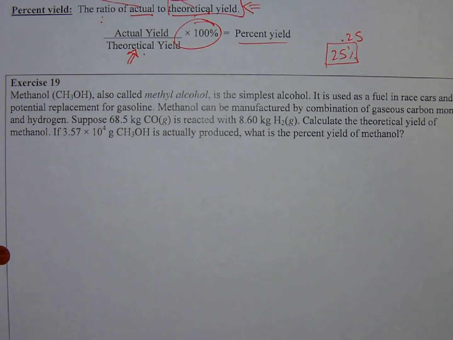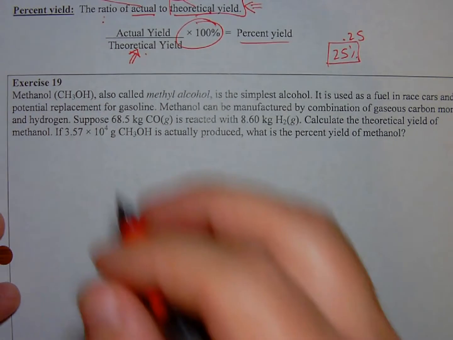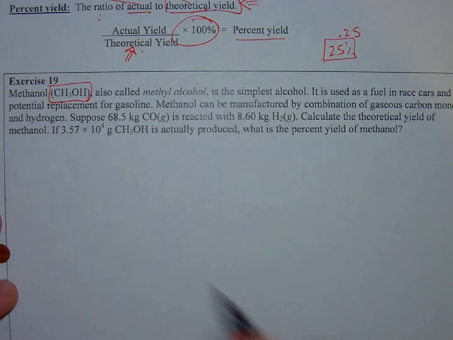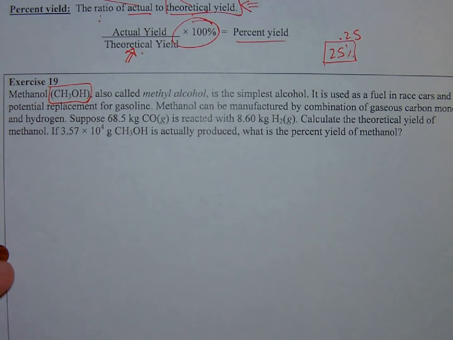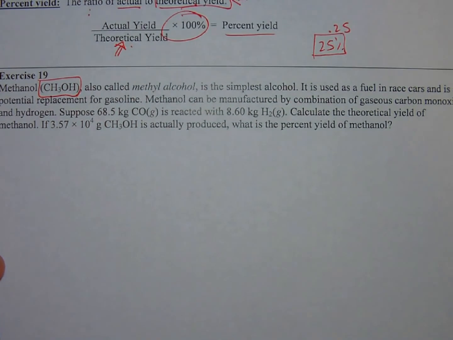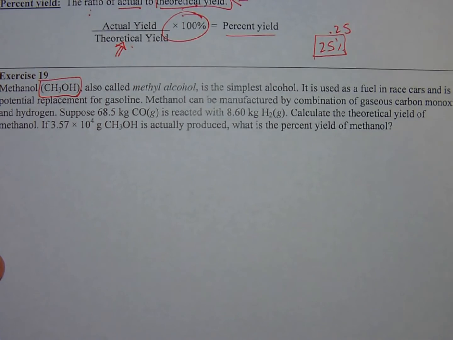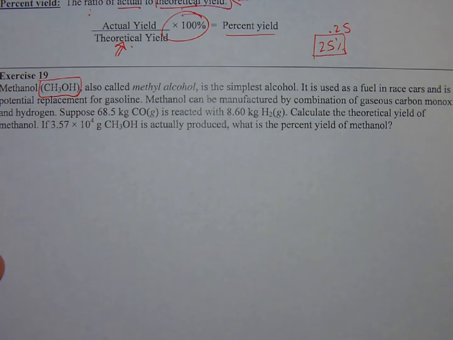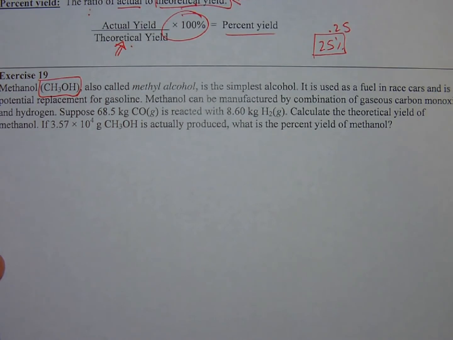Exercise 19. Methanol, also called methyl alcohol, is the simplest alcohol. It is used as a fuel in race cars and is a potential replacement for gasoline.